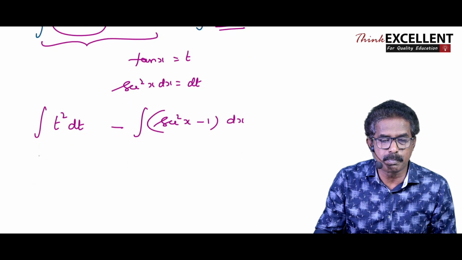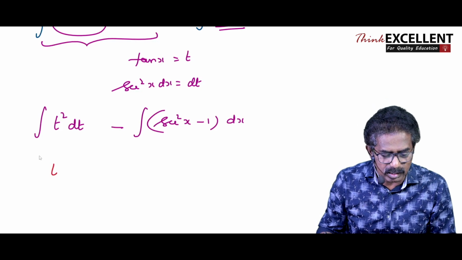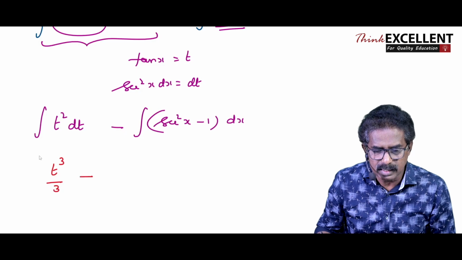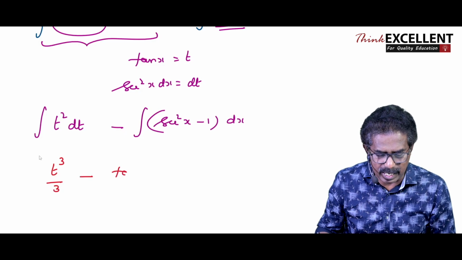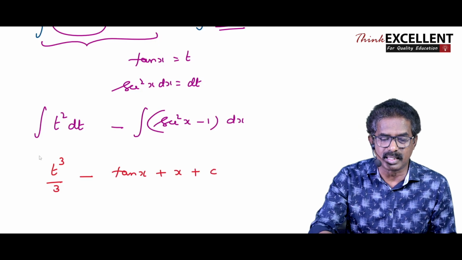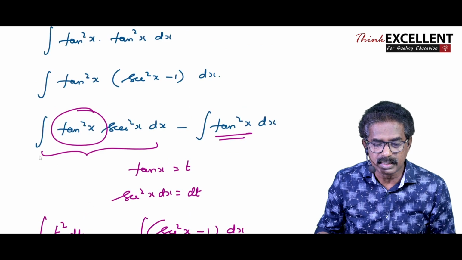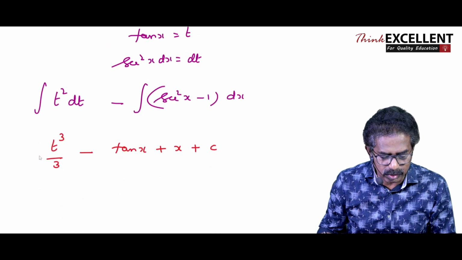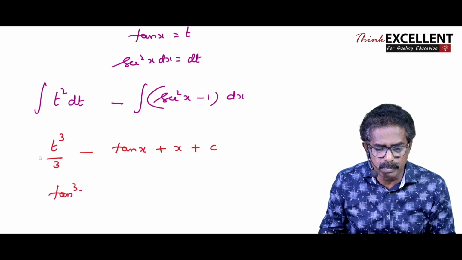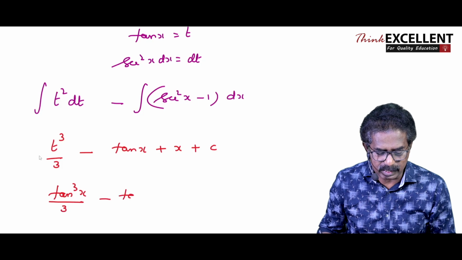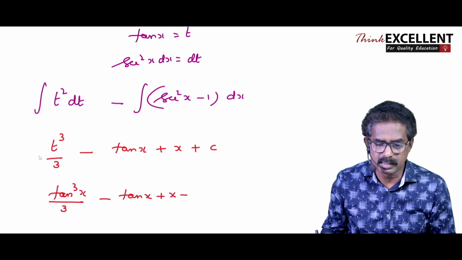Now the first part, t square integration t cube by 3 minus secant square x integration tan x minus into minus is plus 1 integration is x plus c. The t க்கு இடத்துல மட்டும் value கொடுங்க. t value is what? Tan x, right? So t க்கு இடத்துல tan x. So tan cube x by 3 இல்லைனா 1 by 3 எழுதலாம் minus tan x plus x plus c.